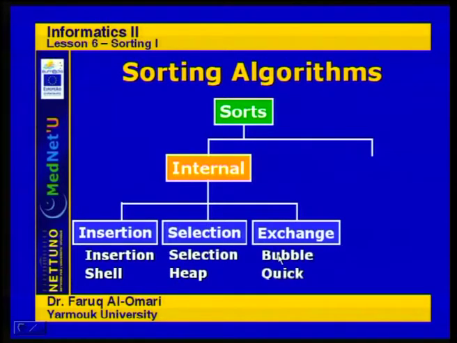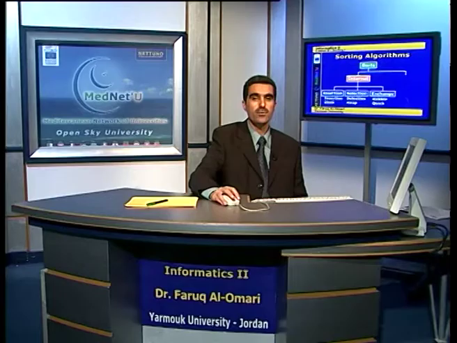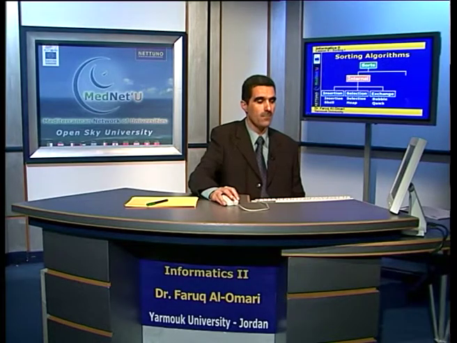Or I could have what's so-called exchange. And among these algorithms is the very well-known bubble sort algorithm and the so-called quick sort. All of these, as I said, are internal sorting algorithms. That means the size of data they deal with is manageable and can be loaded all together in the main memory of the program.